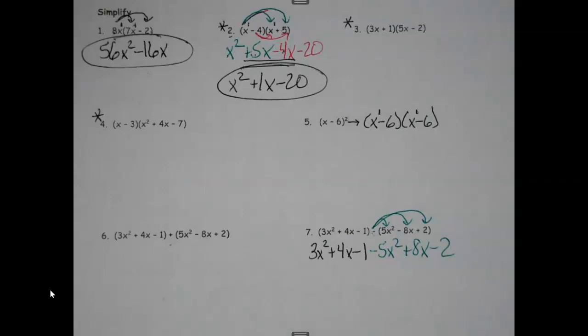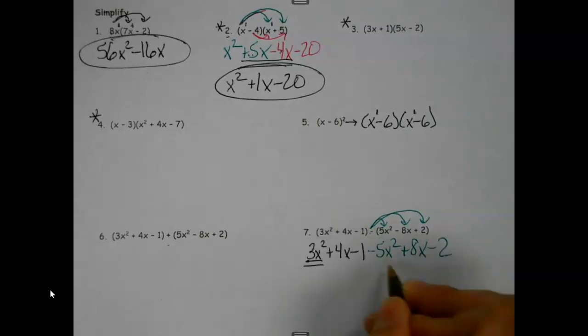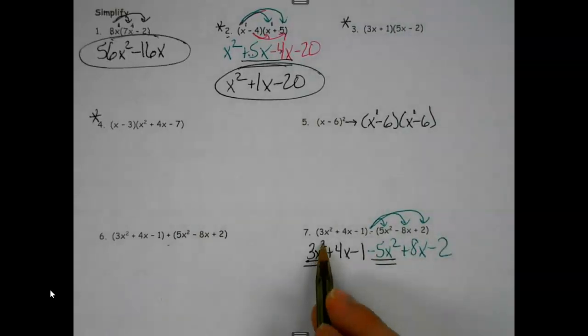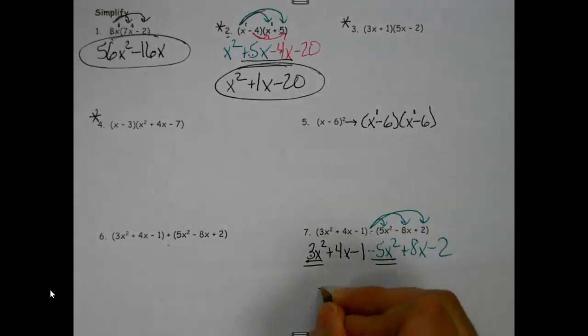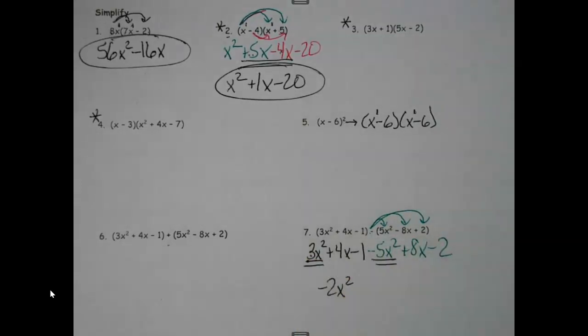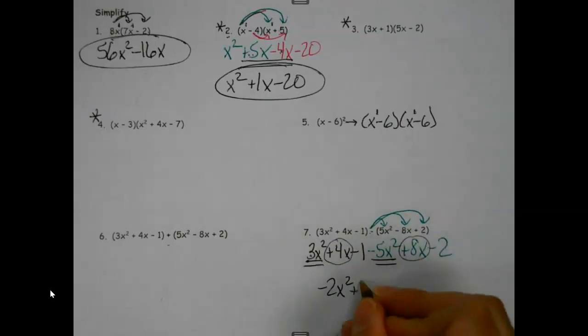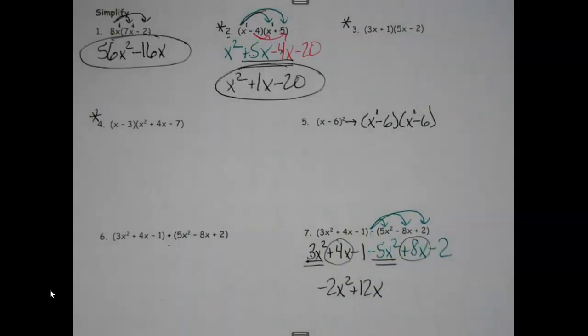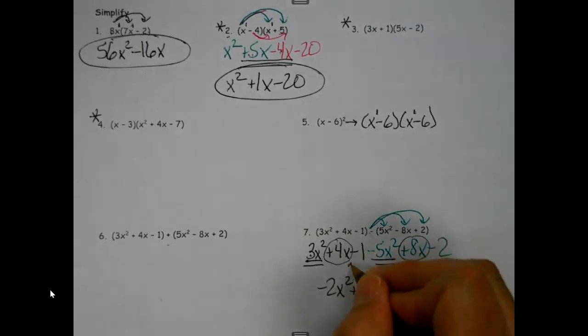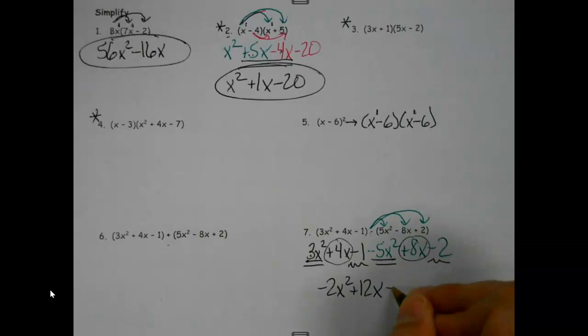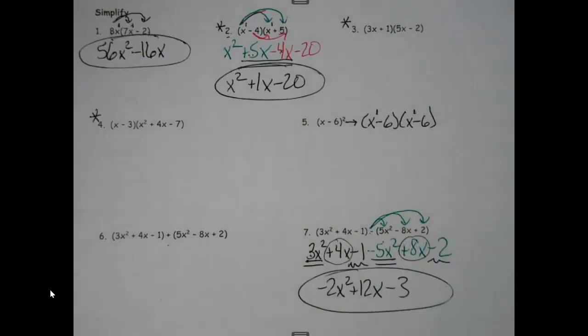It's all combining like terms, which means if they have the same variable with the same exponent, I can put them together. 3 plus negative 5 is negative 2. 4 plus 8, don't mess with the variables anymore. Still it's just x, not x squared. And then 1 minus 2 is negative 3, and that's as far as I can go.